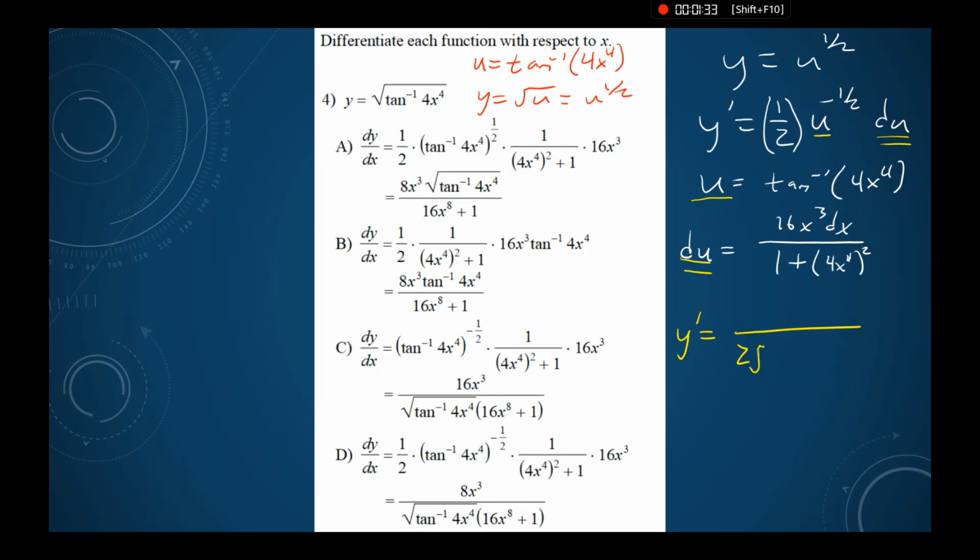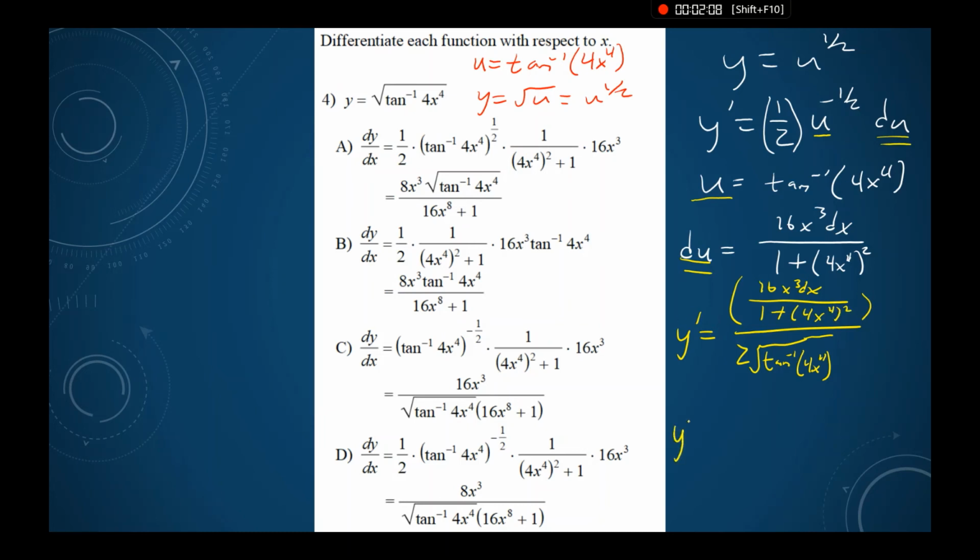So this is the square root of my original u, which was the arctangent of 4x to the fourth power, times my du, which is times 16x cubed dx over 1 plus 4x to the fourth power squared.